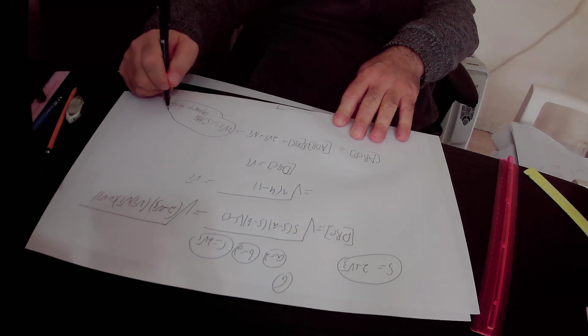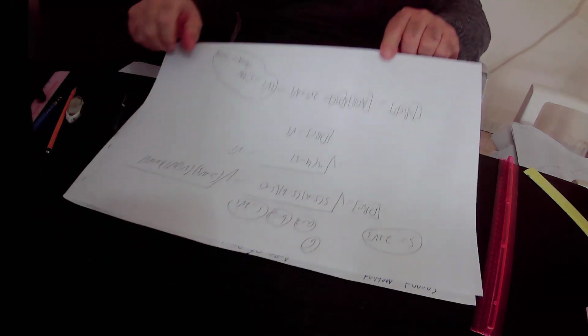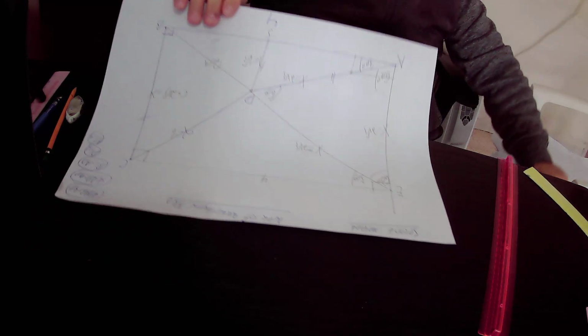So now I'll summarize the lecture. Actually, we wanted to find the area of quadrilateral ABCD.